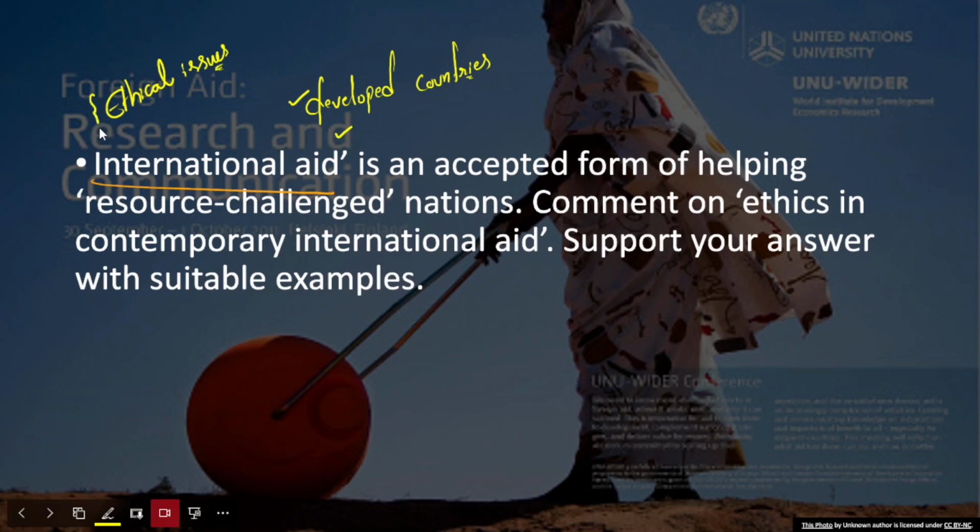Because when we are able to understand these ethical issues, we would be able to counter these narrow political agendas when it comes to international aid, and we can channelize the international aid particularly for humanitarian purposes, and that is very important.